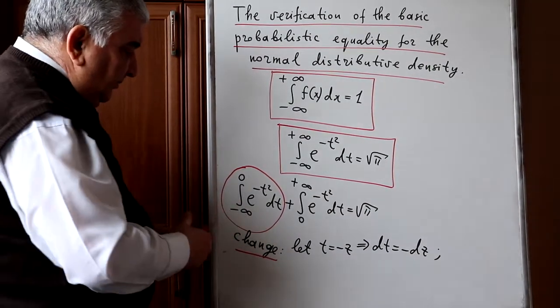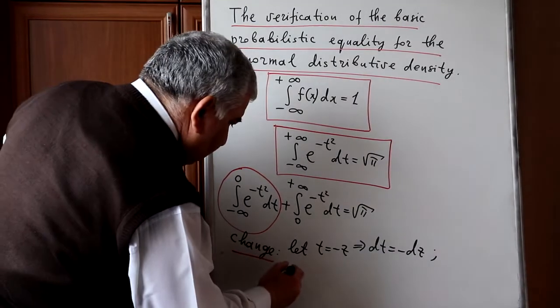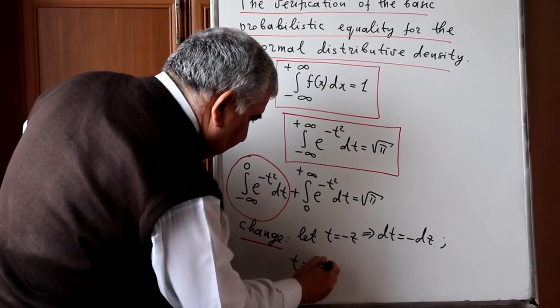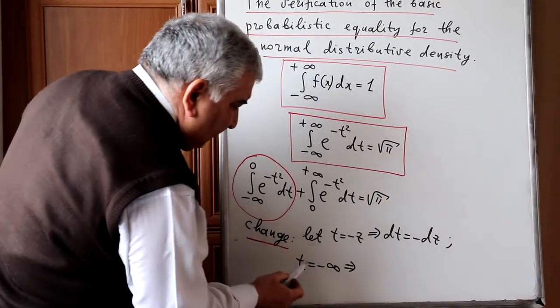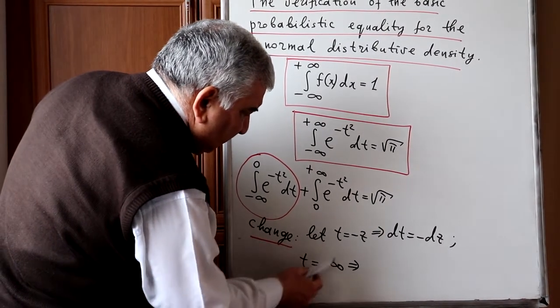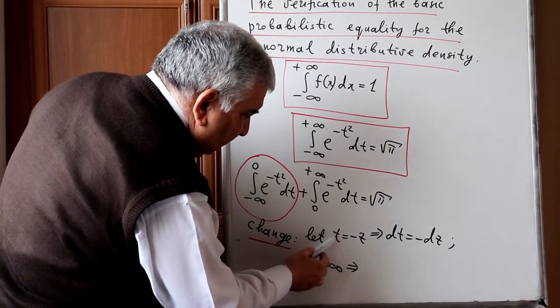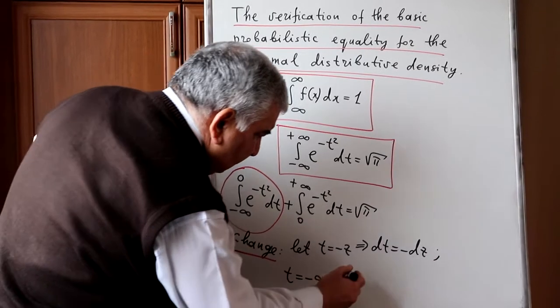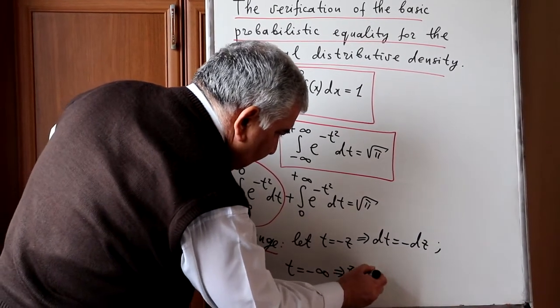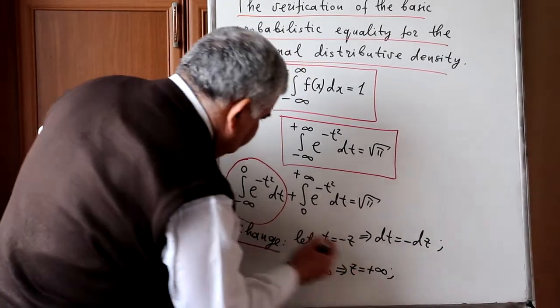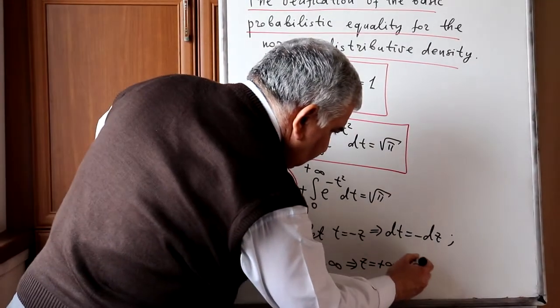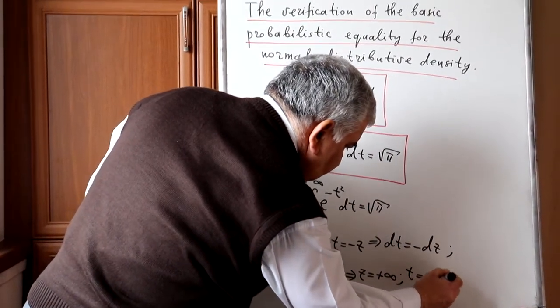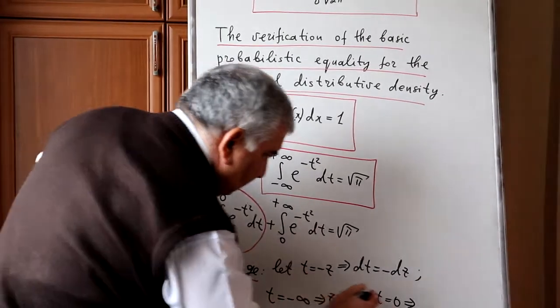If t is minus infinity, then z is plus infinity. And if t is 0, then z is also 0.